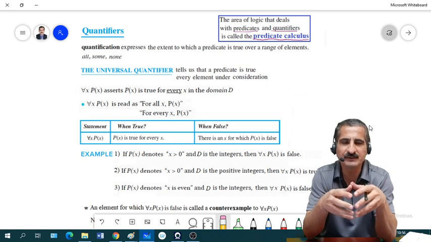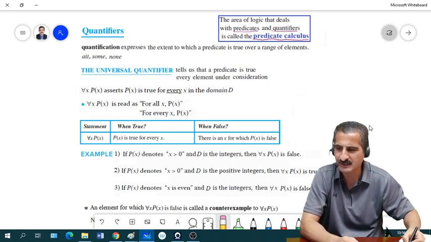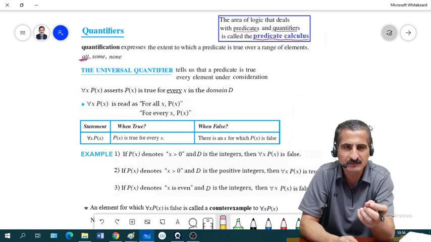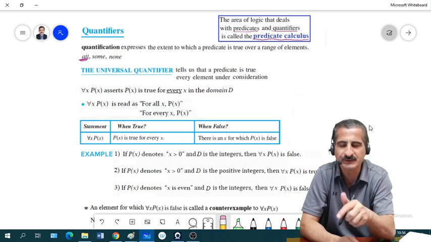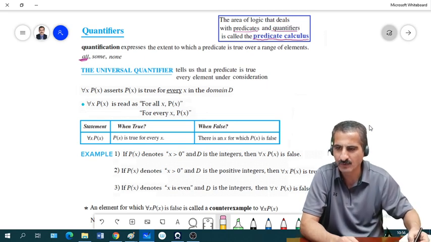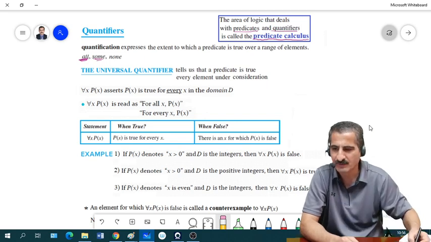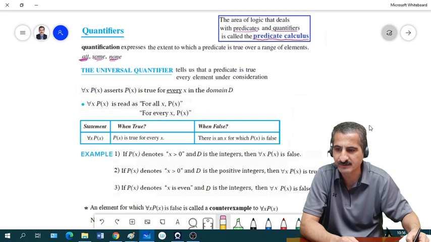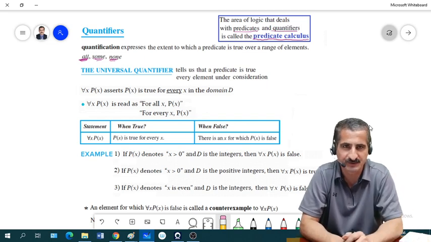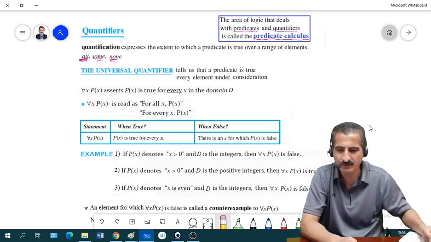And we are interested in three categories of these quantities: either all elements in the domain satisfy a certain property, or some elements in the domain satisfy that property, or no element satisfies a certain property. So we will look at them.